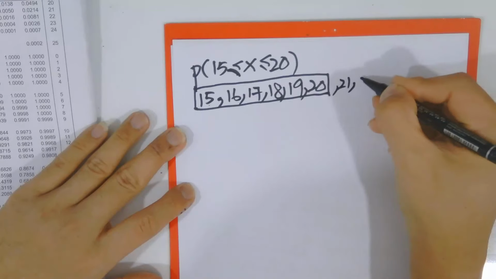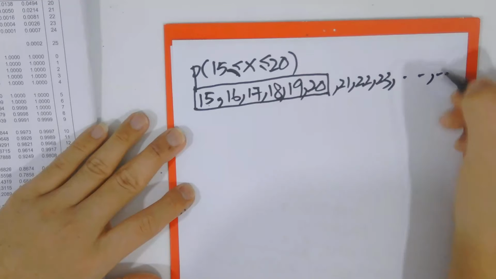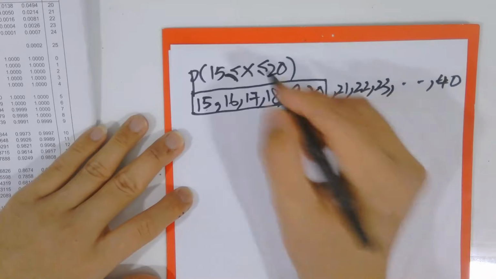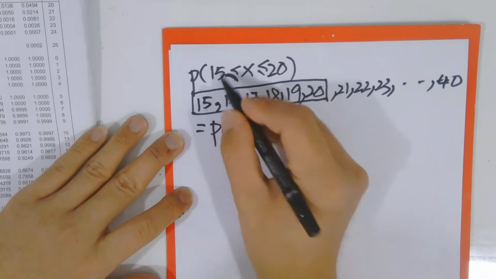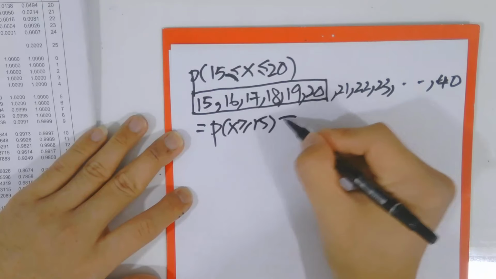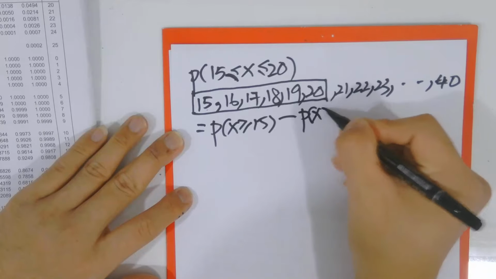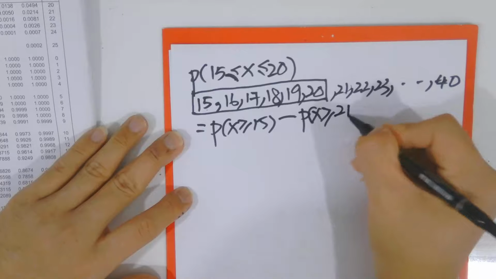You know that the sample here is 21, 22, 23, up to 40, so many. Doesn't matter. Start from 15. I want 15, but I minus away something that I don't want, something not inside the box, which starts with the value of 21.